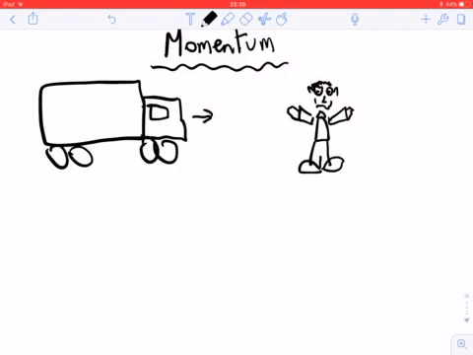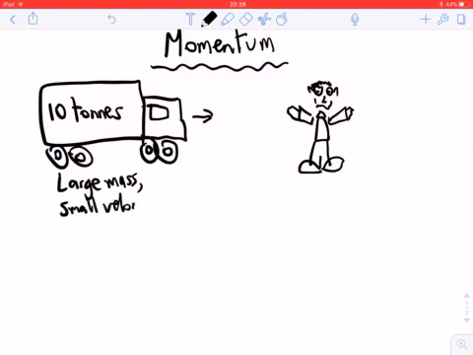Not travelling very fast, but maybe it's 10 tonnes in mass. Pretty obviously we're going to notice that if it hits us. So here we've got a large mass and small velocity, but we've still got a very large momentum.